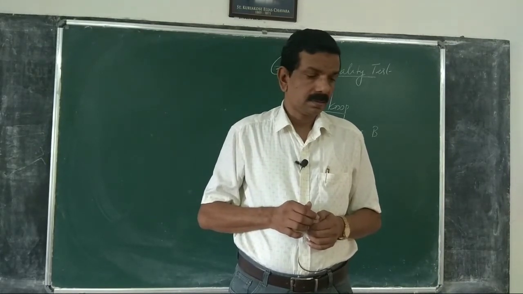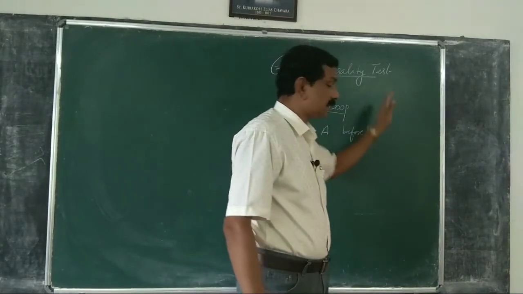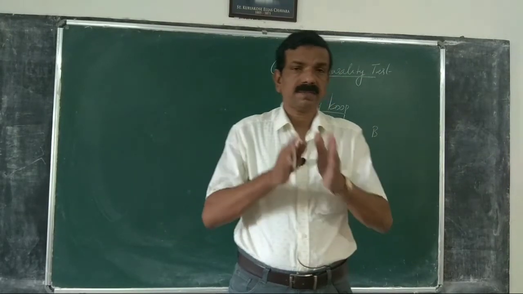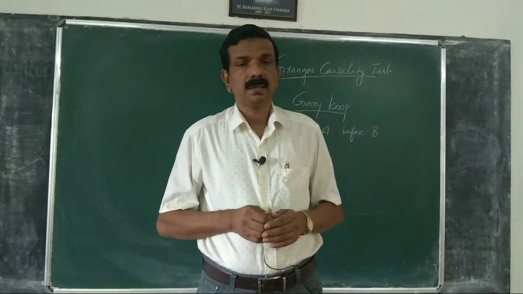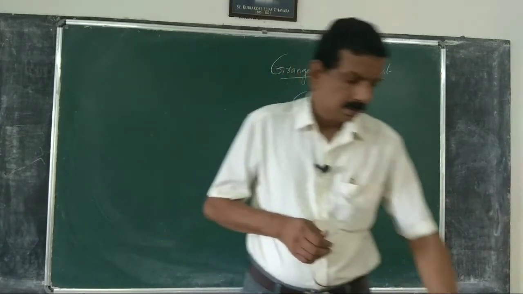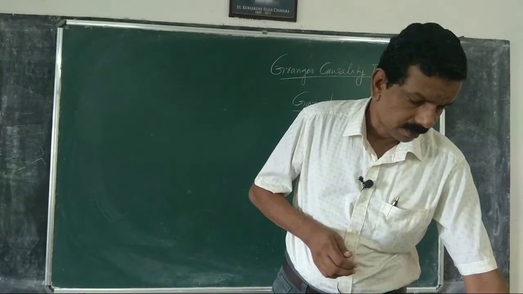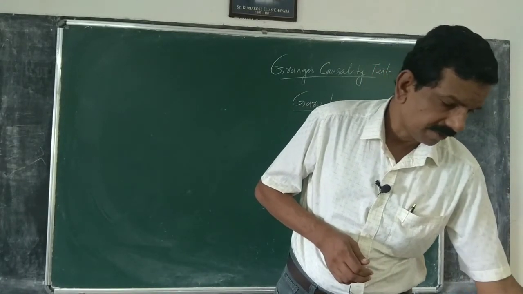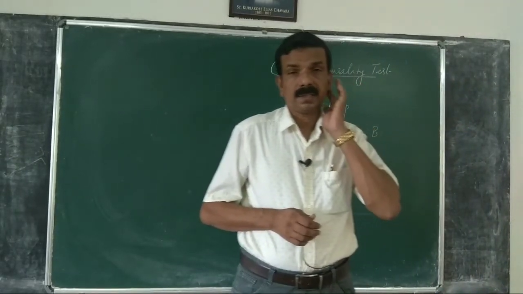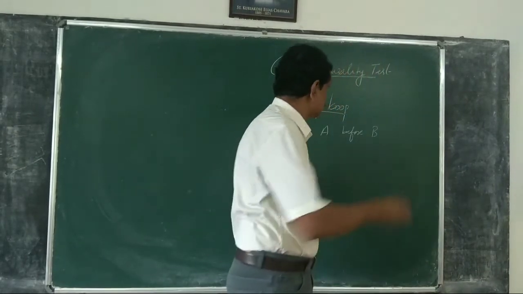And this is roughly the idea behind the Granger causality test. Now, before explaining the procedure, let us consider a definition of the Granger causality test. It was introduced in 1969.